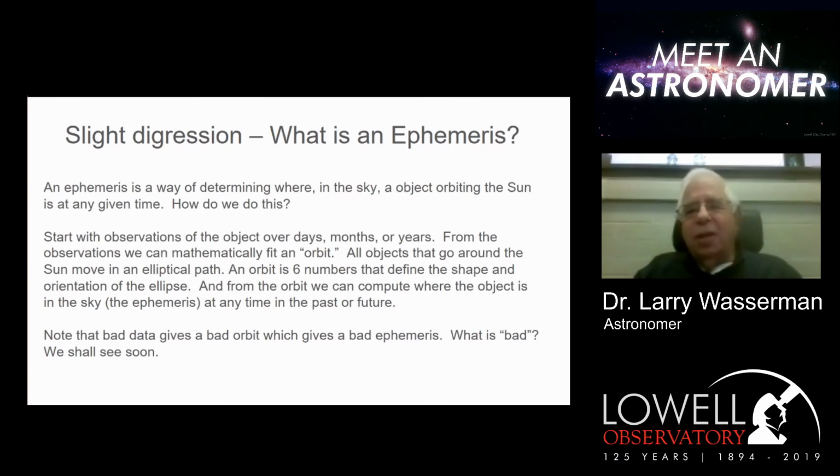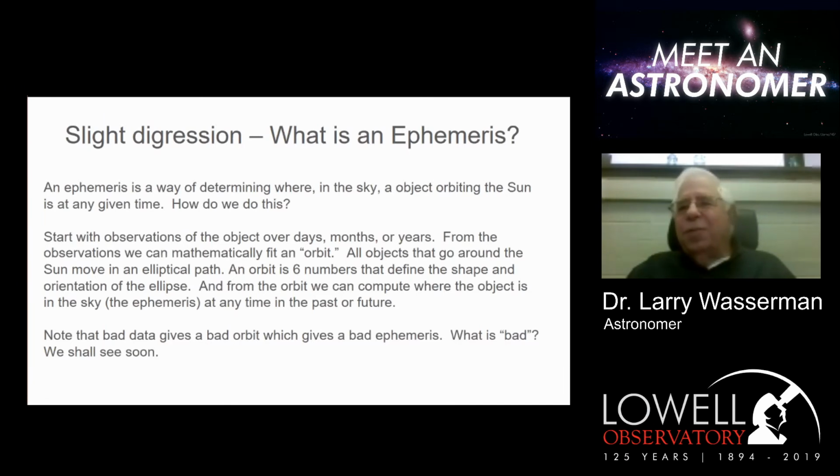All objects that go around the sun move in an elliptical path. That's the Earth, the planets, the asteroids. And an orbit is 6 numbers that define the shape and the orientation of the ellipse that the object travels in. From the orbit, we can then compute where the object is in the sky, which we call the ephemeris, at any time, the past or future.